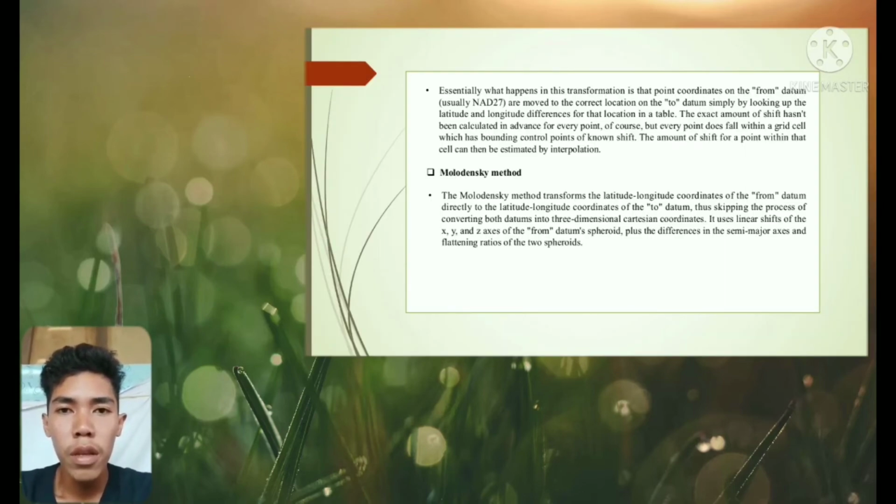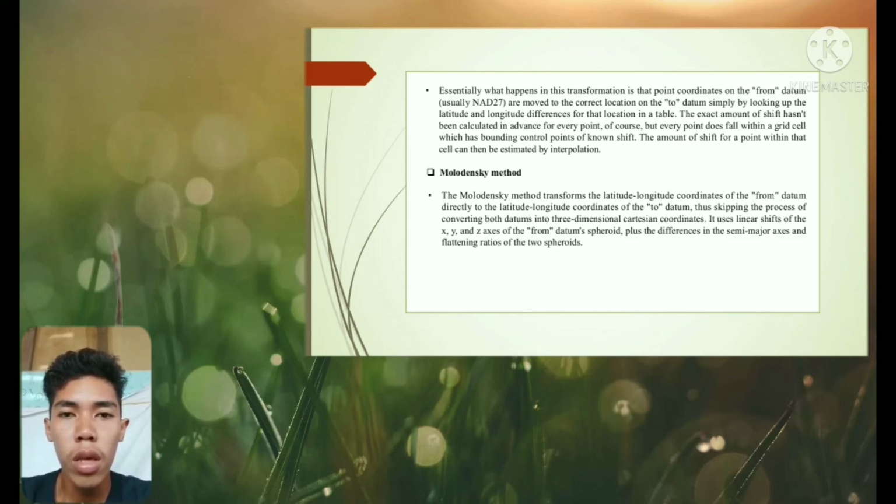Essentially, what happens in the transformation is that point coordinates on the from datum, usually NAD27, are moved to the correct location on the to datum simply by looking up the latitude and longitude differences for that location in a table. The exact amount of the shift has not been calculated in advance for every point, of course, but every point does fall within a grid cell which has bounding control points of known shift. The amount of shift for a point within that cell can be estimated by interpolation.